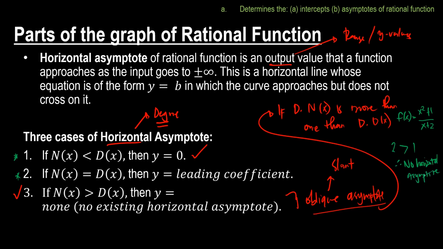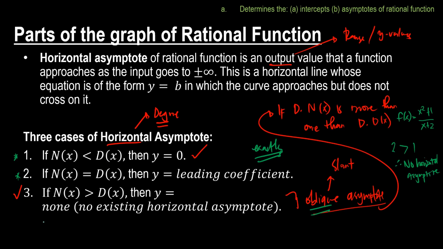Okay, now, kung wala siyang horizontal asymptote, can we check now if there is an oblique asymptote? Ngayon, sabi natin, pag sinabi nating oblique asymptote, kailangan exactly. Take note of the word exactly. Kailangan yung degree ng numerator has exactly 1 more than the degree ng denominator.